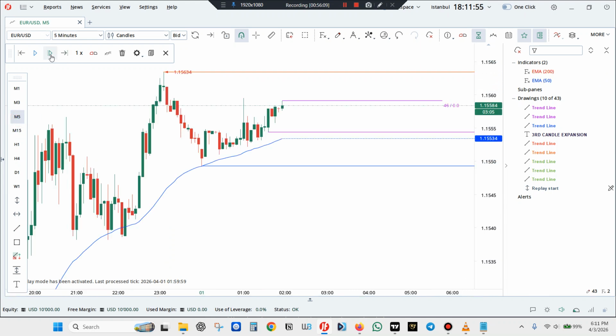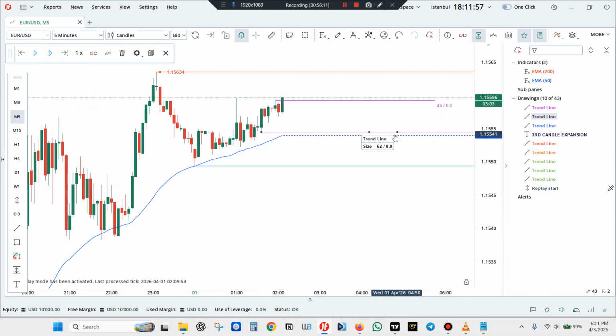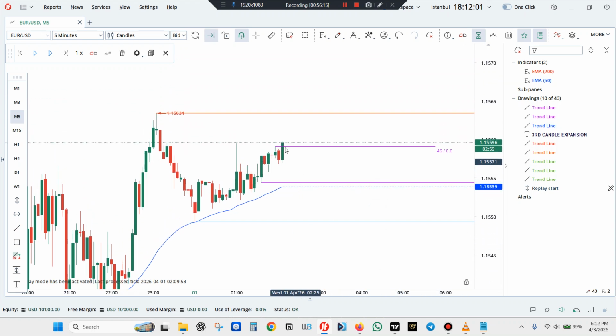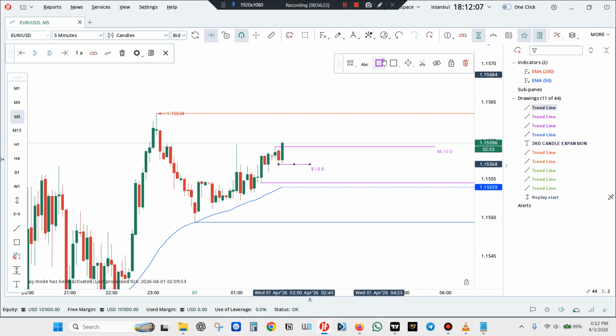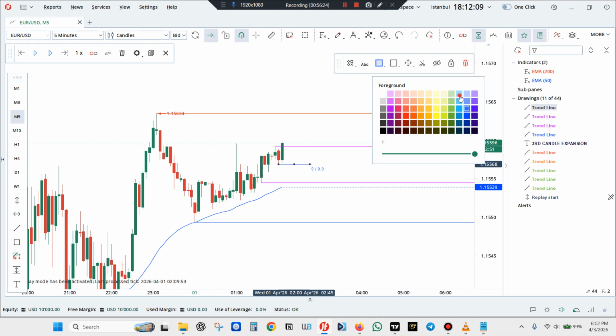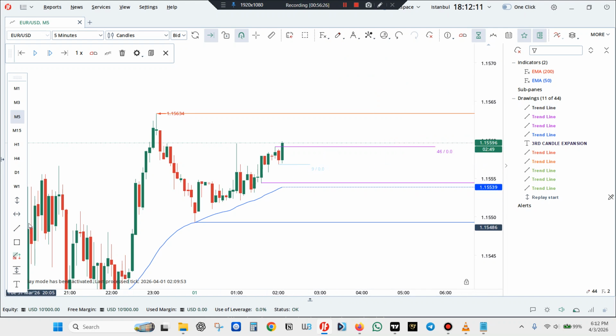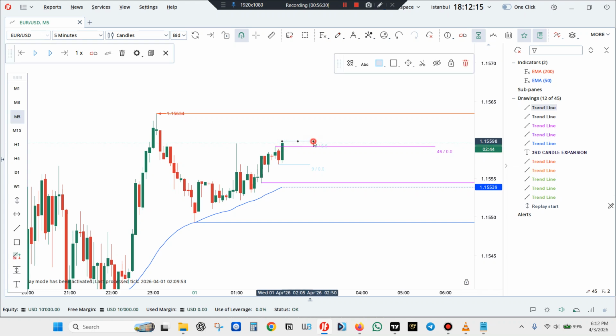Go to M5, the first or the second, we got an activation on the second candle. So we mark the trailing stop on M5, which is this point. Let me use faint blue. And the previous candle high. Yes, like that.